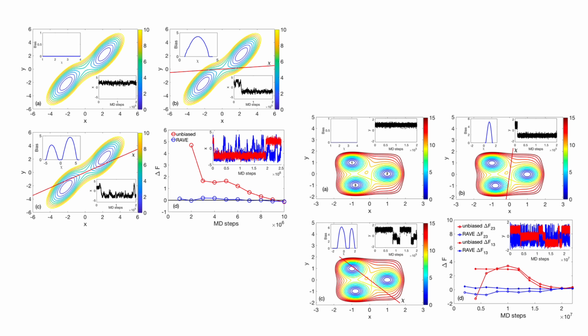You can see on the top left of each graph, you have the bias potential. And on the red line, you see the reaction coordinate that it's identifying. So you can see that it's slowly learning a reaction coordinate.